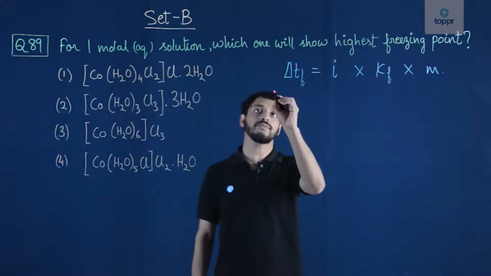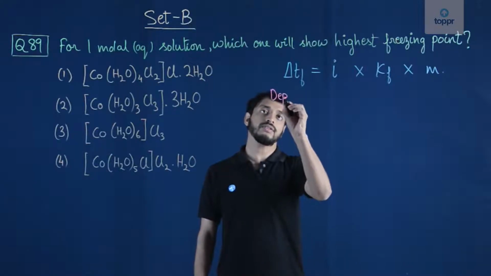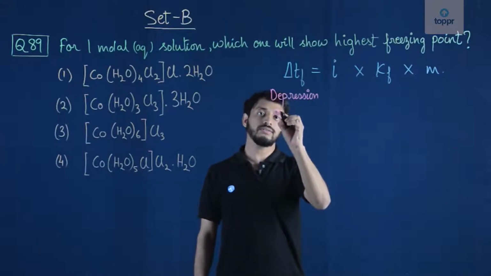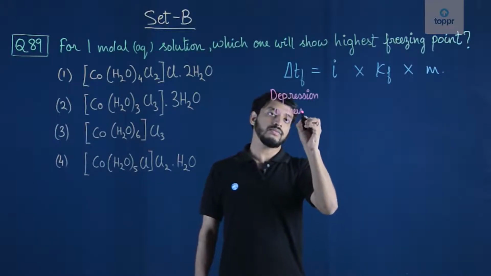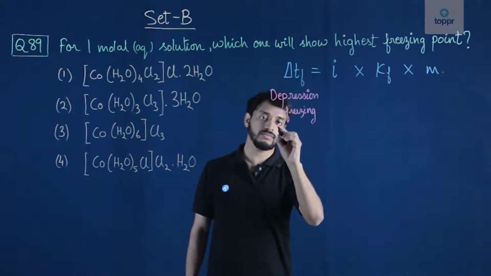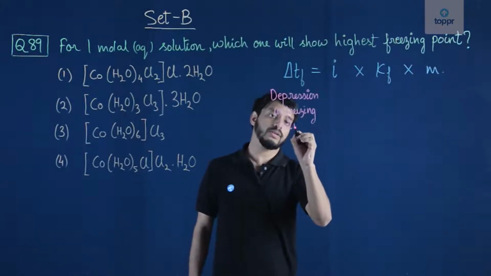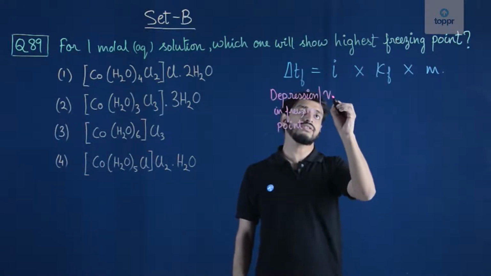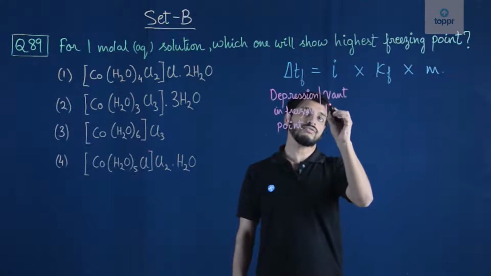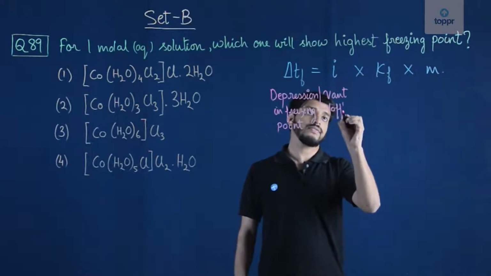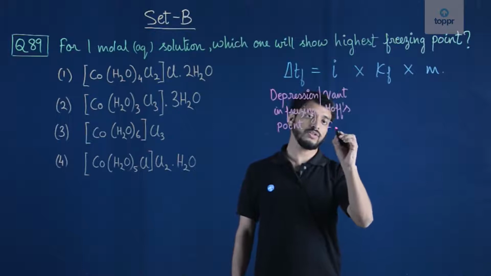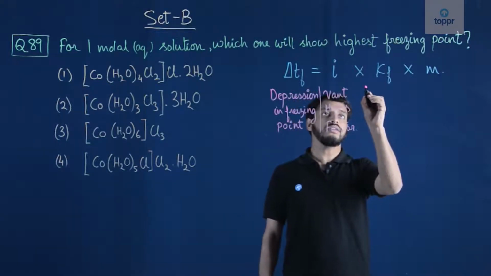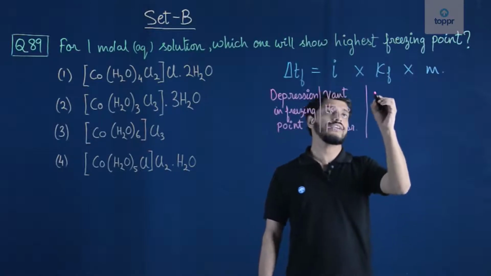This is depression in freezing point, this i is basically known as Van 't Hoff's factor, and here this is known as the cryoscopic constant.